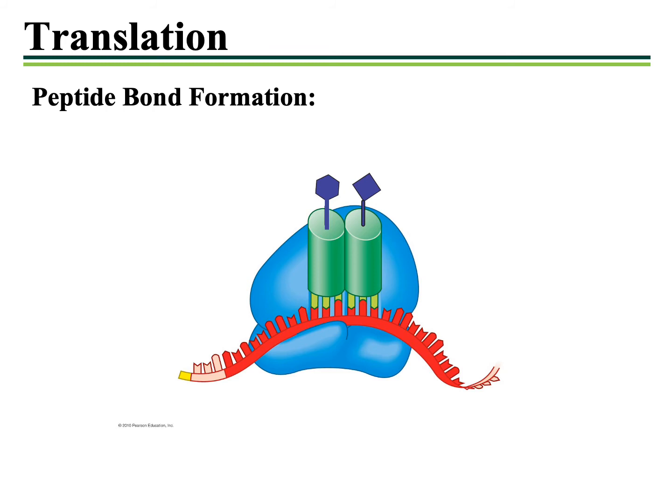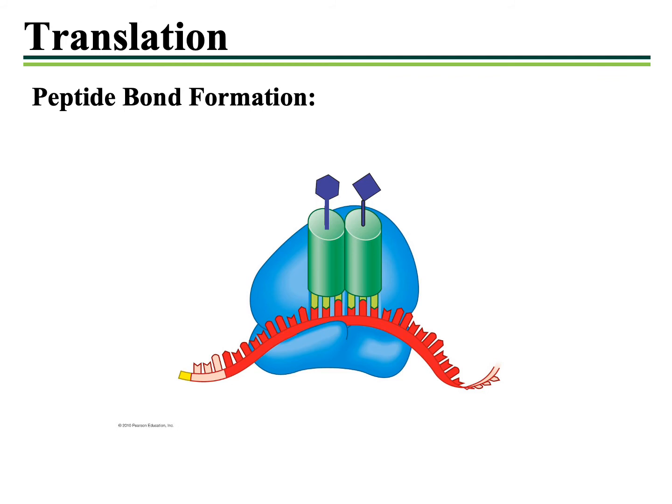Now we have everything in position for the very first peptide bond to form between these two amino acids that have been brought very close together, and specific amino acids based on the sequence dictated by the messenger RNA. So the next step is to allow for peptide bond formation to occur between those two amino acids.